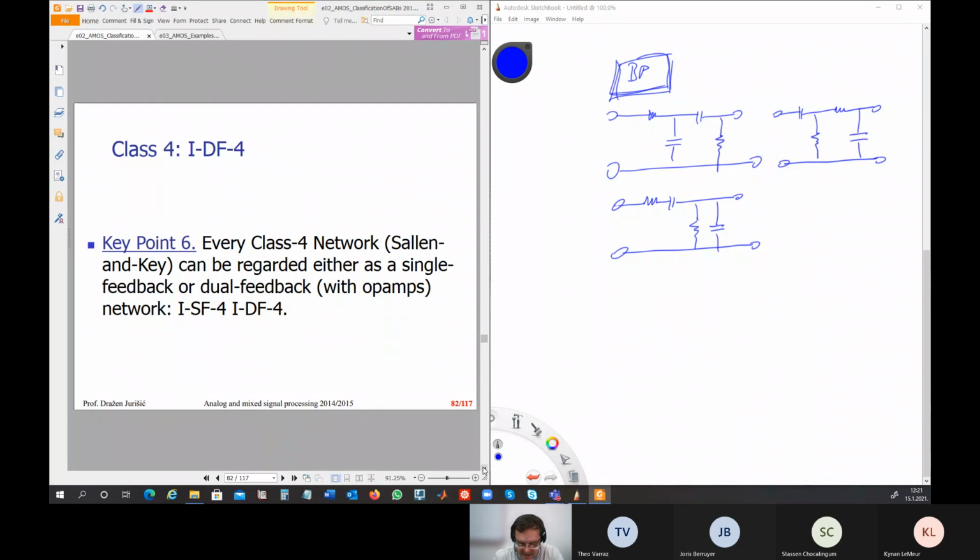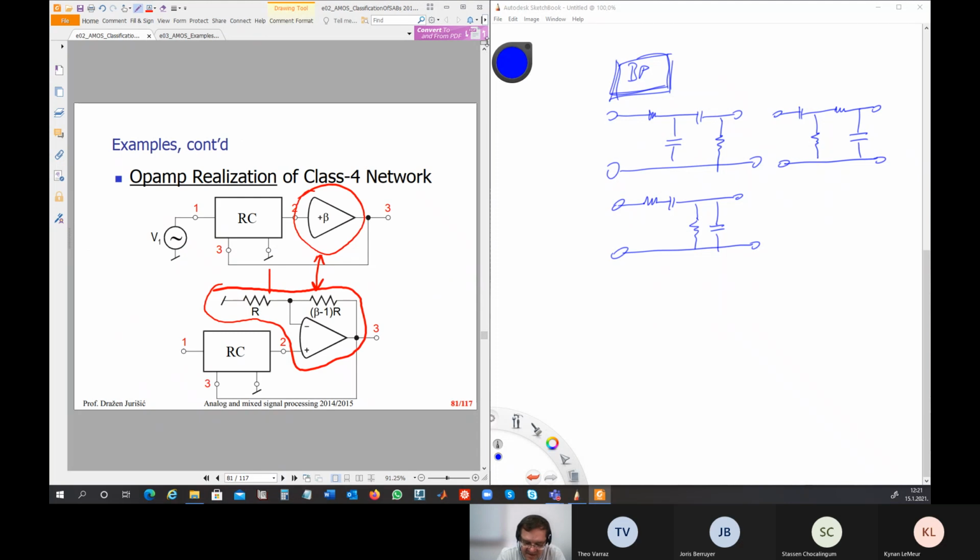Another important thing is that every class 4 network can be regarded as single feedback or dual feedback. So if we go back, this is single feedback. This is here single feedback, because there is only one feedback. And there is here one feedback, but we can regard this as a second feedback.